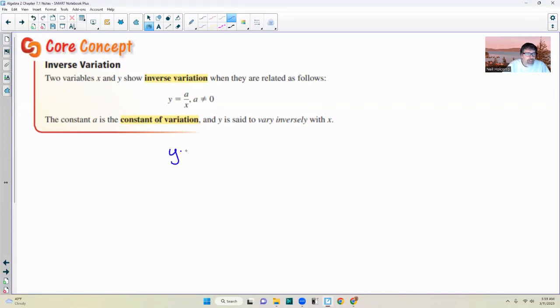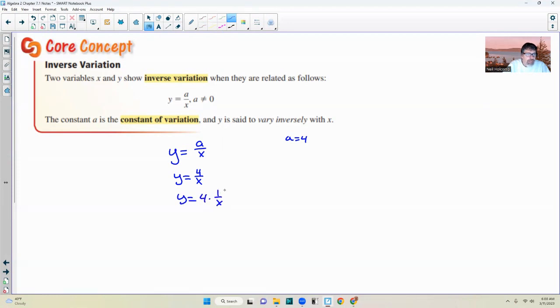So if I have an equation y equals a over x, and a equals 4, then that's the same as saying y equals 4 over x. This can be rewritten as y equals 4 times 1 over x.